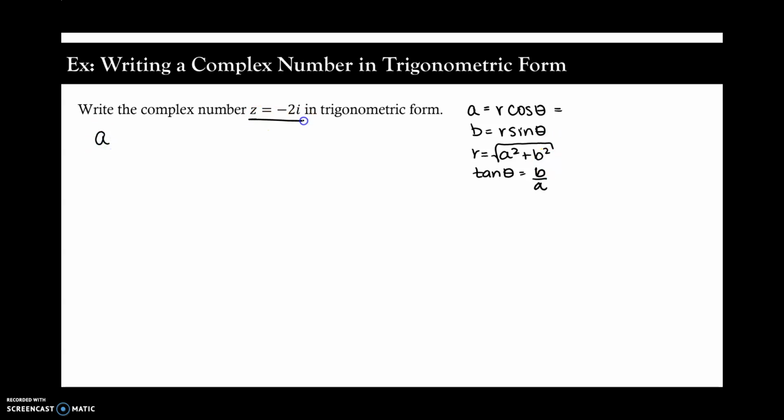Our A in this number is 0, because A represents the real part, and there is no real part. This is purely imaginary. So your B is going to equal -2. We don't include that I when we write B. So that means that R is going to equal the square root of 0 squared plus -2 squared, which is the square root of 4.